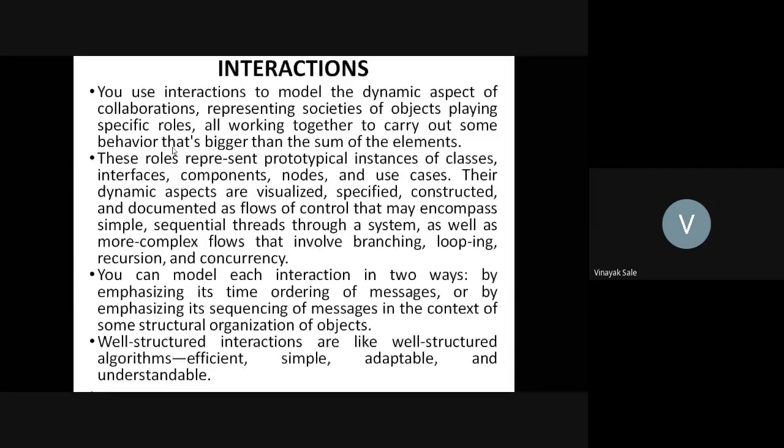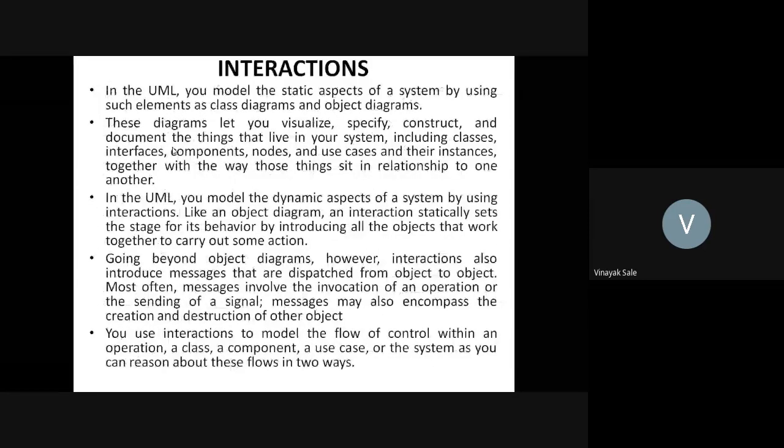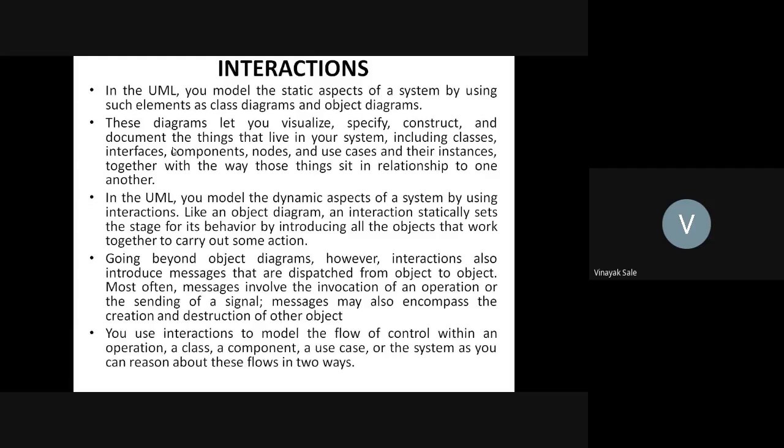So in the UML, you model the static aspects of a system by using such elements as class diagrams and object diagrams. These diagrams let you visualize, specify, construct, and document the things that live in your system, including classes, interfaces, components, nodes, and use cases and their instances, together with the way those things sit in relationship with one another.